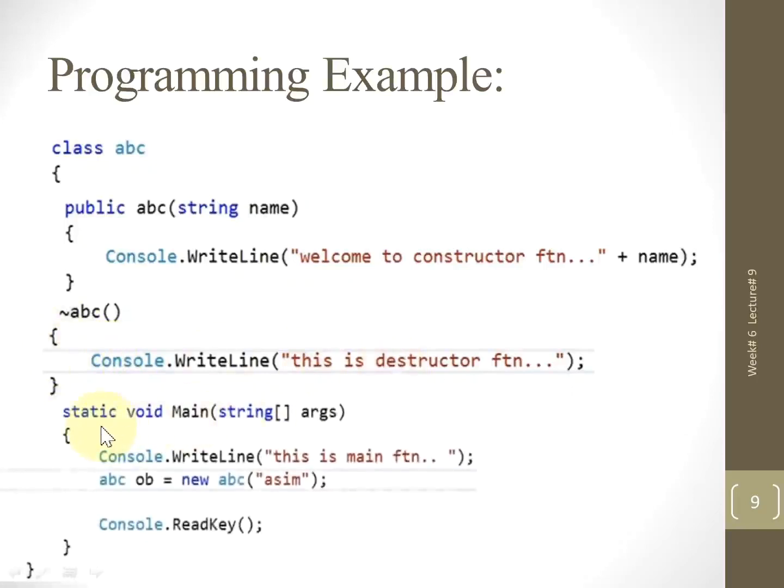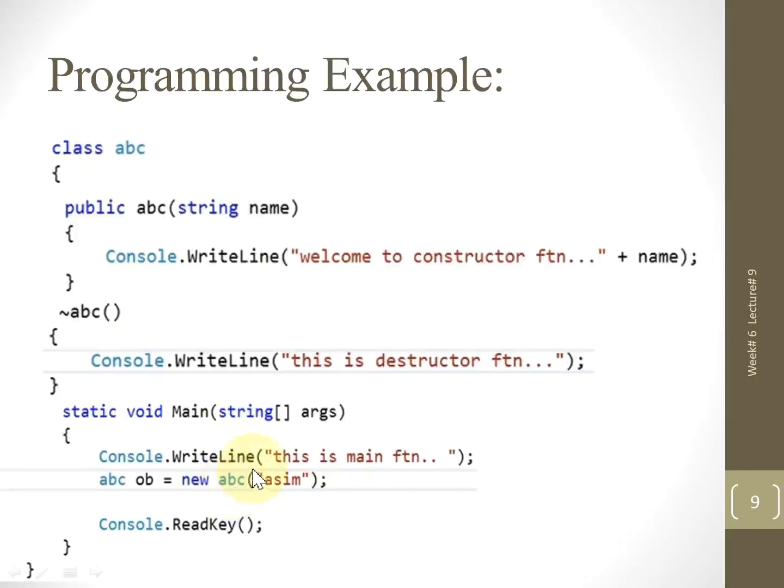Now the main function. Within the main function, we have just printed a simple message, and created one object. How to create the object we already learned: the class name, then a space, the object, then the assignment operator, then the new keyword, and then again the name of the class.